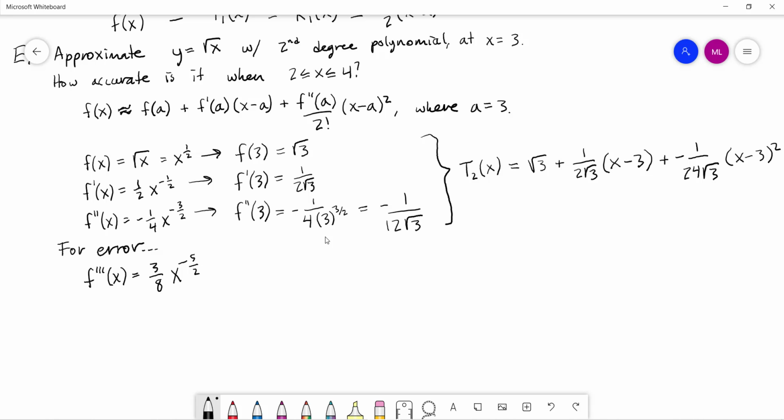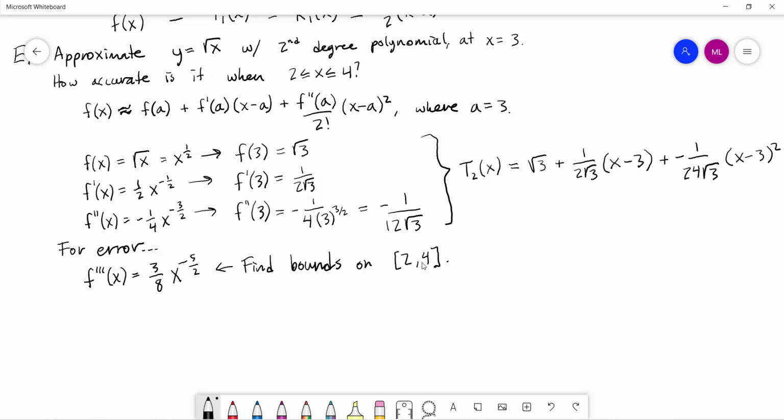So basically what we're going to do is find the bounds of this on the interval from 2 to 4. How big can this value be? What's the biggest it can possibly be on this interval? So that's all we need to figure out.